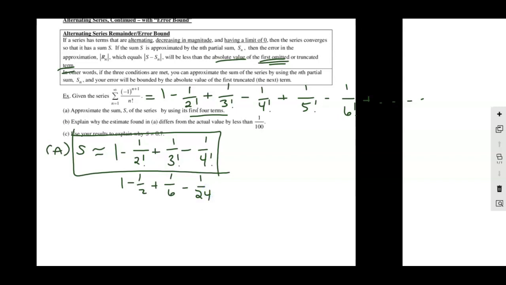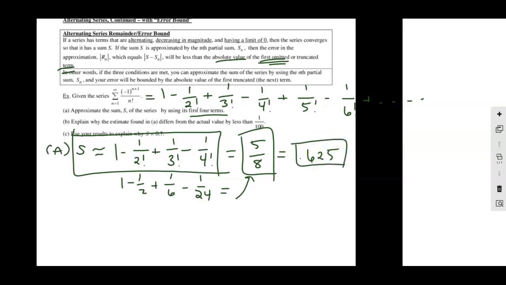Those factorials up to 5 or 6 you probably should know. If you were to add all those things together, both of these end up giving you 5/8, which if you wanted to convert it as a decimal would be 0.625.